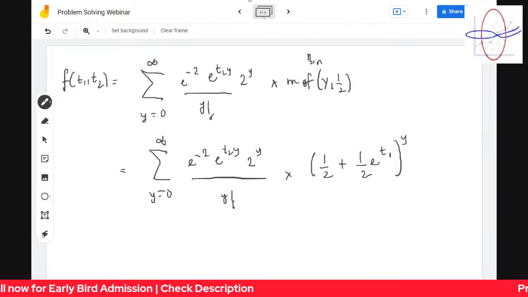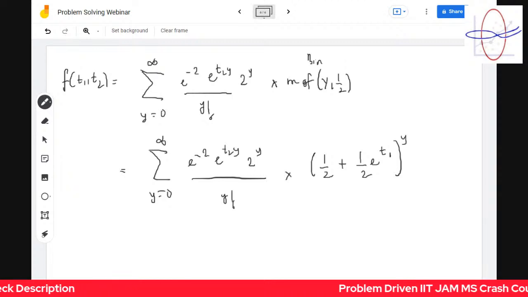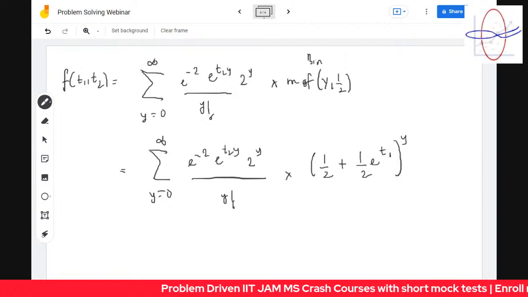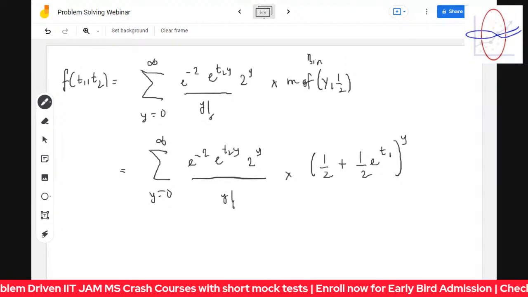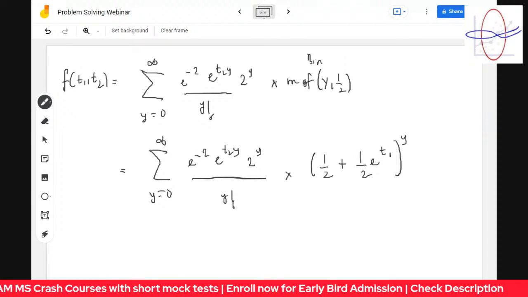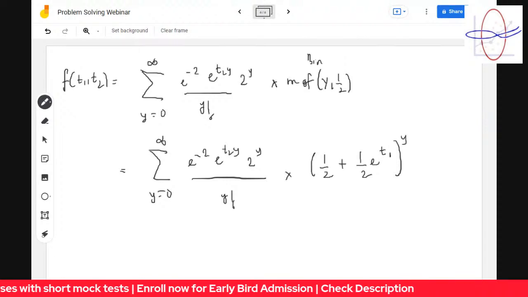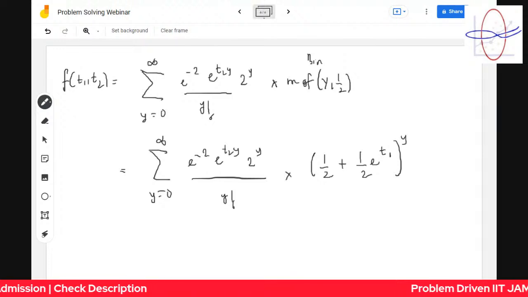All of you understood this step, guys? It's very important. All these problem solving strategies are important. Others, did you understand this step? Nikhil, did you understand?